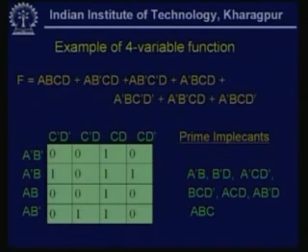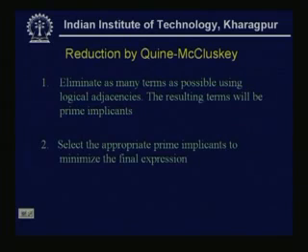Now, if it is a larger variable function, then the number of prime implicants will be more, or if we consider all the quads, couples, octets, or for larger variables the hex box or the box containing 32 ones, 64 ones, then the number of possibilities of grouping will be more, and then it will be almost impossible, or even if it is possible, it will be very slow to do that reduction graphically.